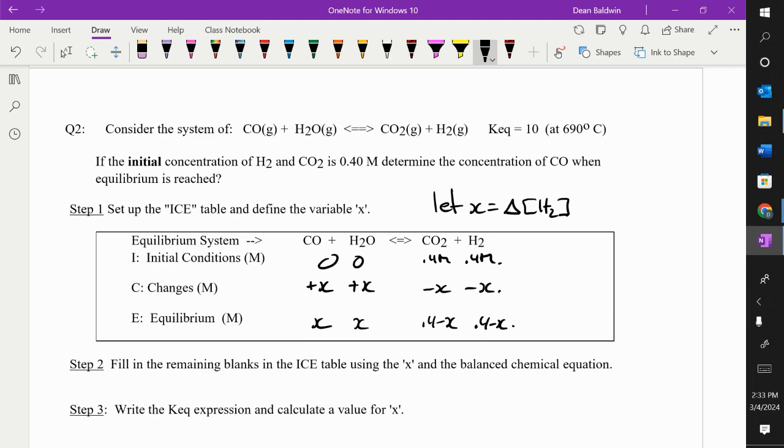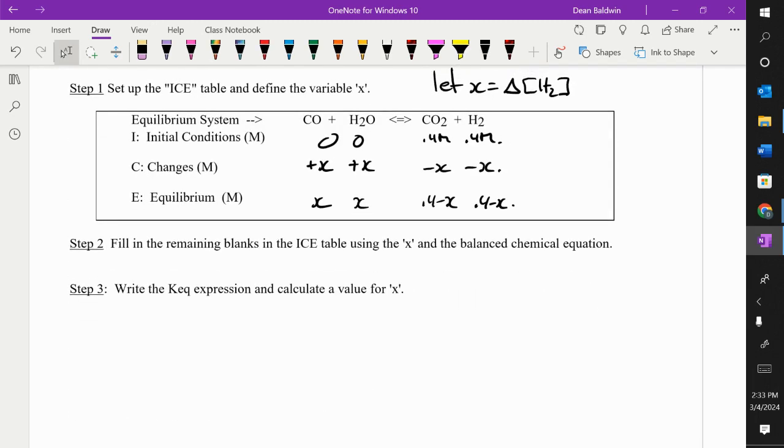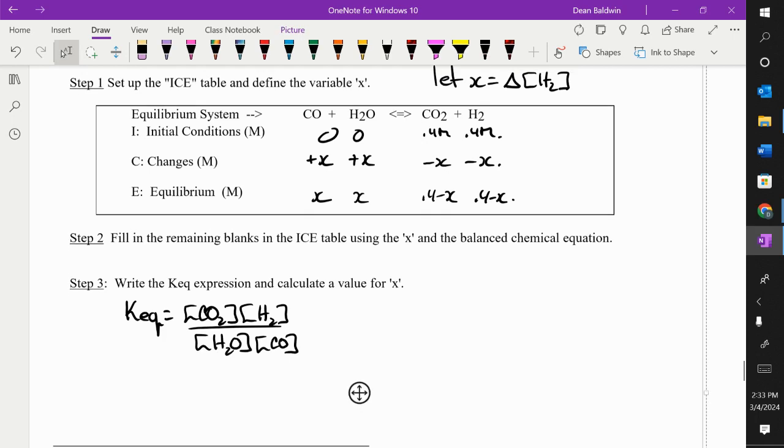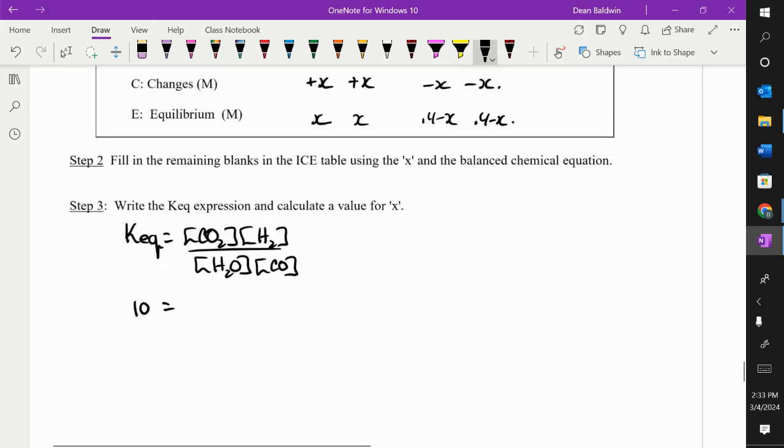And then it's exactly the same, people. KEQ is 10.